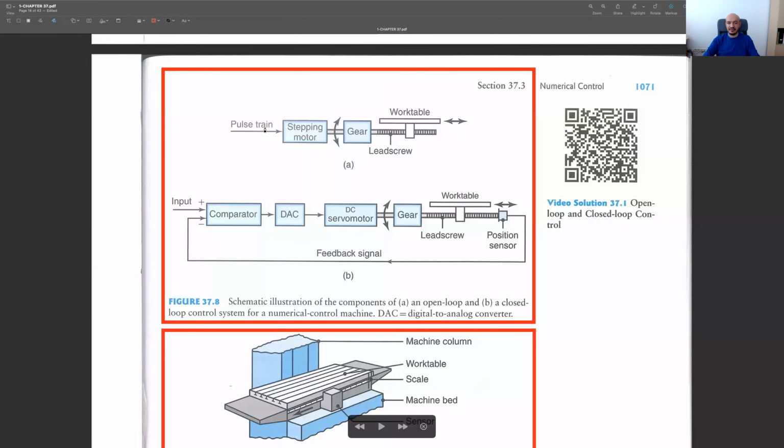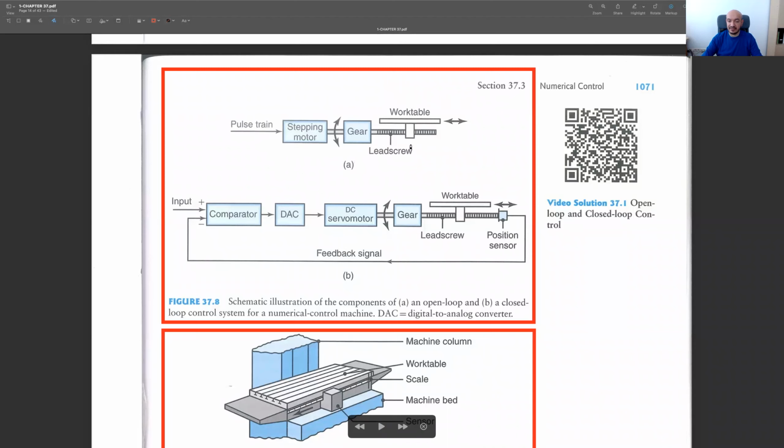For instance, as I mentioned, we may say that the work table should be at 10 millimeters. We provide this information to our motor driver, but we don't check whether this work table is exactly at 10 millimeters.